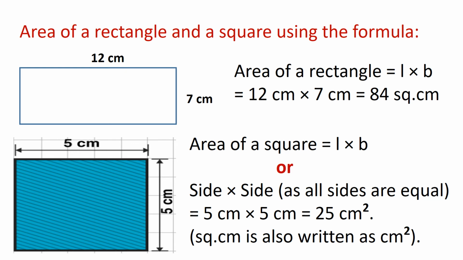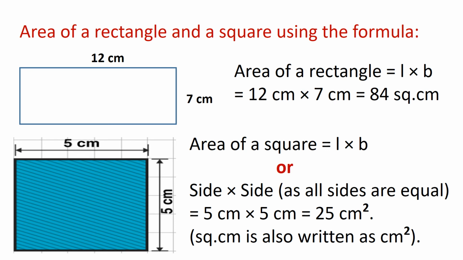You can see a square here having a side of 5 centimeter each. The formula to find the area of a square is length into breadth or side into side. We write side into side as all sides of a square are equal.